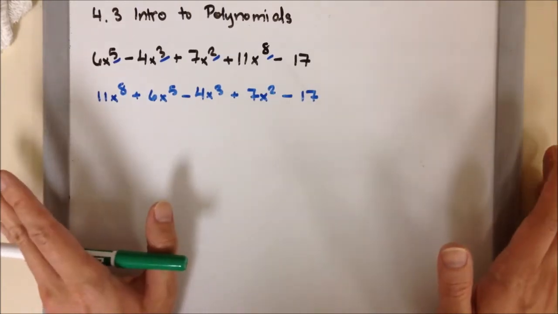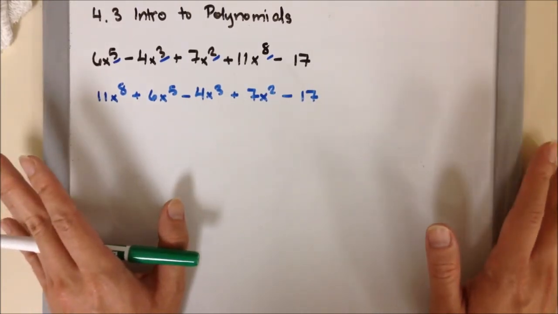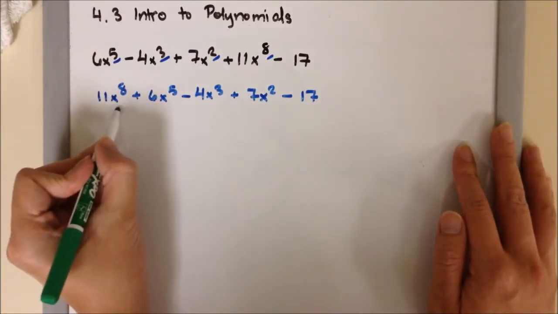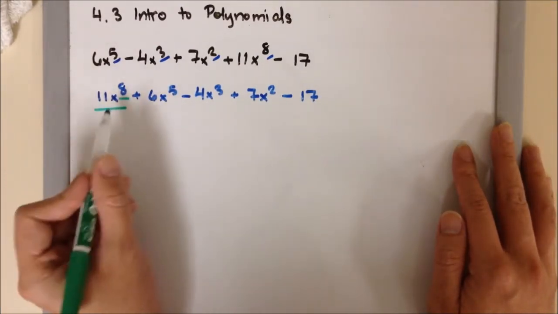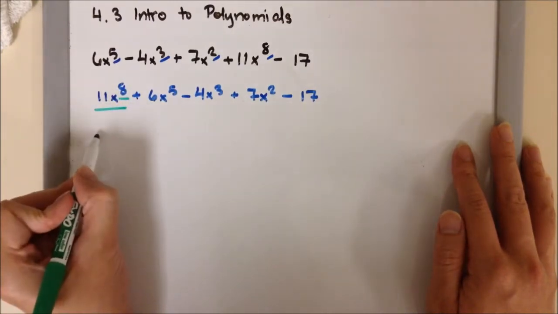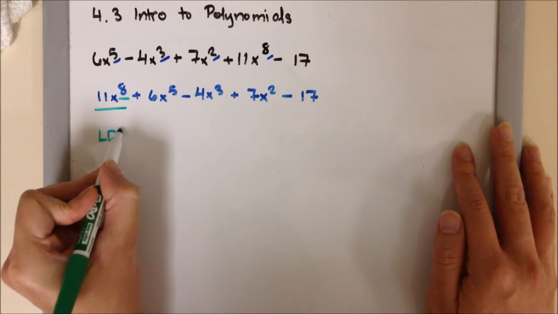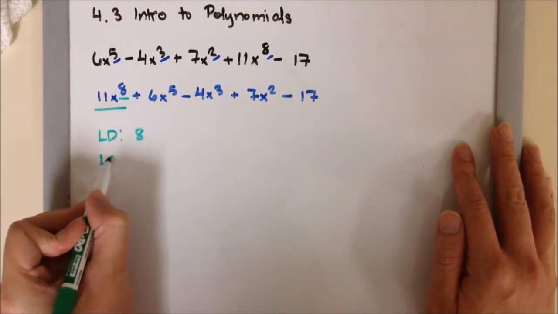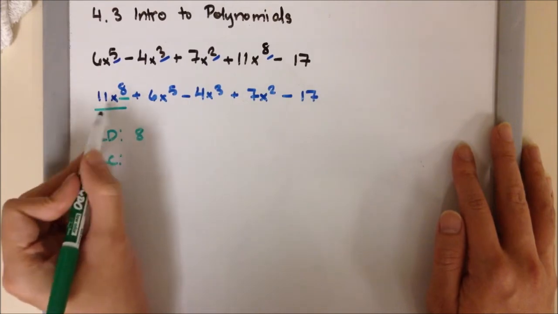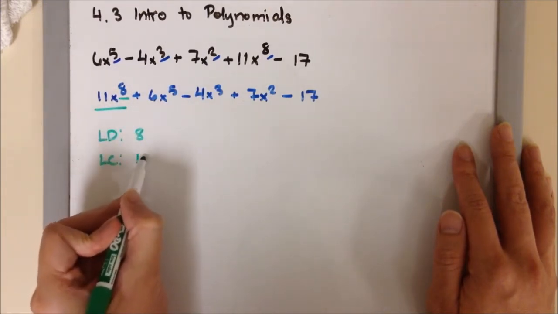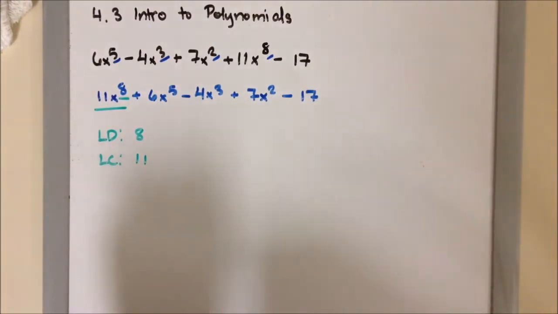Now from here, if you do put it in order, then the one that has the highest exponent is this one, my 8th, or the exponent that is 8. That's going to be your leading degree. So your LD, or leading degree, will be 8. Your leading coefficient will be the number in front of the variable that has the highest exponent, which is 11. So that's all you have to do.